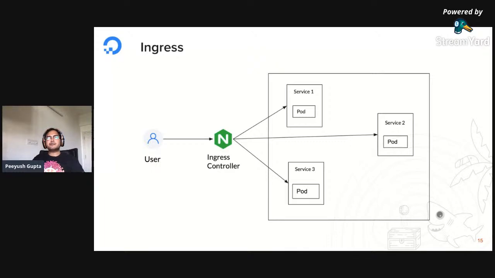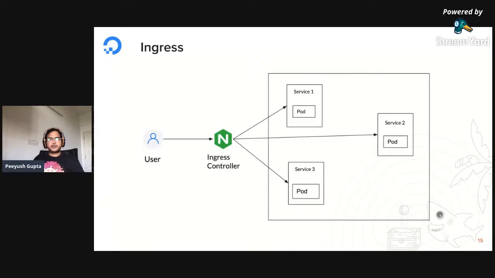Ingress is basically something that makes sure that all your external requests are routed to the services inside the cluster, right? Nginx is one of the widely used examples, you've got HAProxy as well, among others. Now, when your request comes to the Ingress controller, you define routes, right?